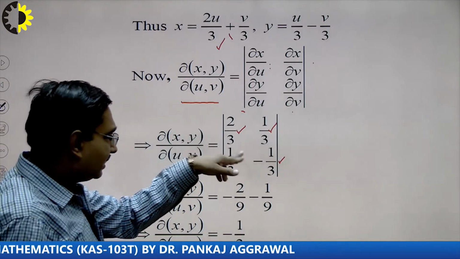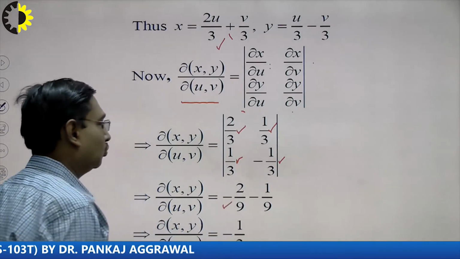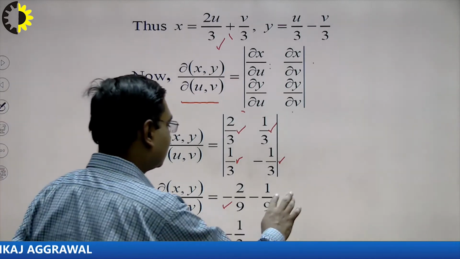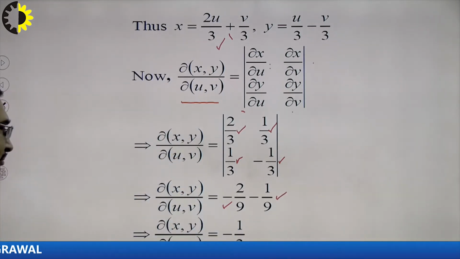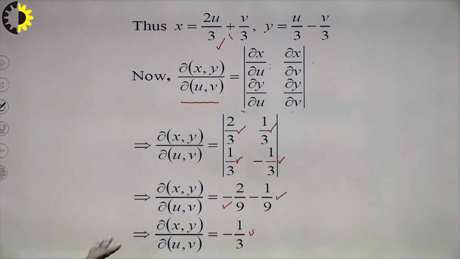Simplifying, 2 by 3 times minus 1 by 3 gives minus 2 by 9. This 1 by 3 times 1 by 3 gives 1 by 9, and simplifying we get minus 1 by 3. It is the value of del(x,y) upon del(u,v).